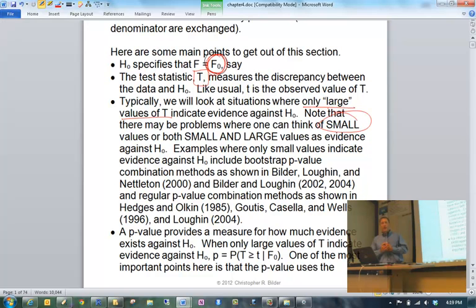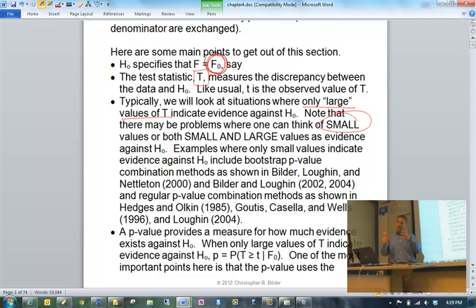For example, if you've ever heard of p-value combination methods, this appears sometimes in meta-analysis situations where you're combining results from multiple studies by looking at their p-values and assuming that the studies were independent of one another. You can combine those p-values and take advantage of now a larger sample size overall because there's multiple studies, and then look at that to make a determination.